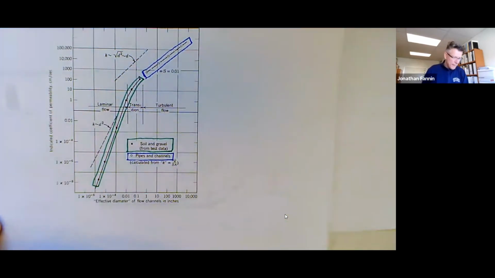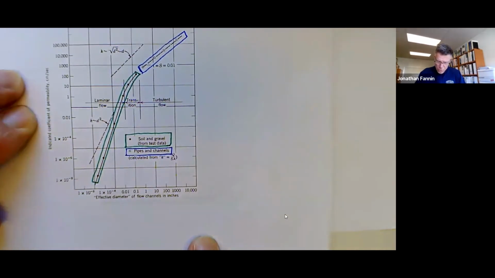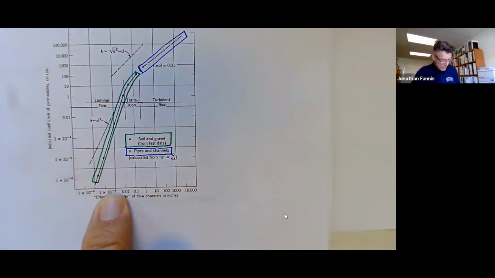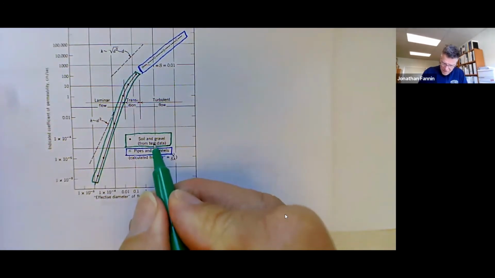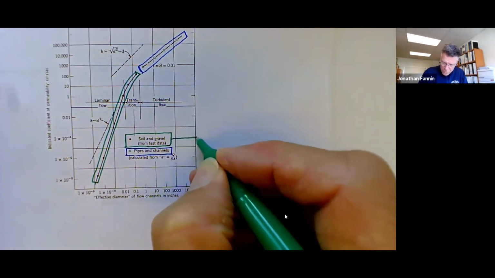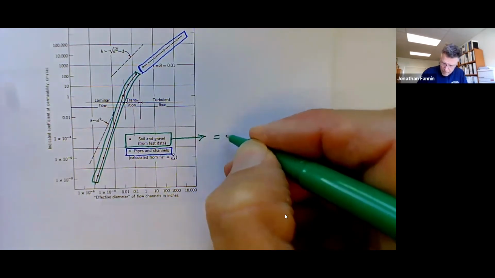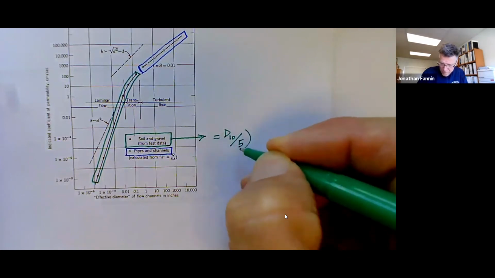Okay. And if we look, here's the coefficient of permeability. Now it's a log-log plot, so we'll bear that in mind. But here's the key point I wanted to get for you, is that the effective diameter of the flow channels in the soil is D10/5.